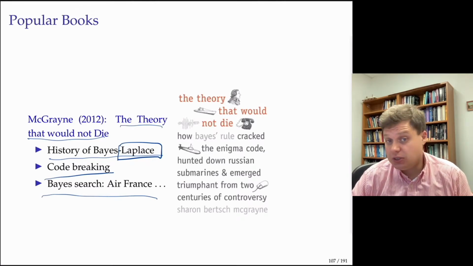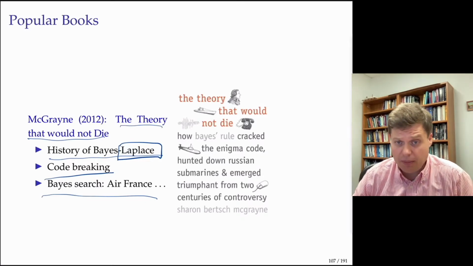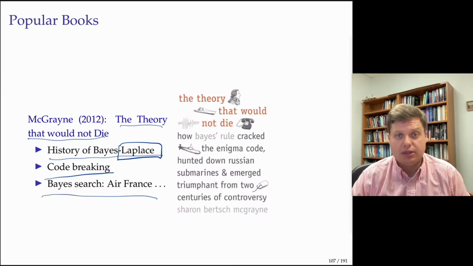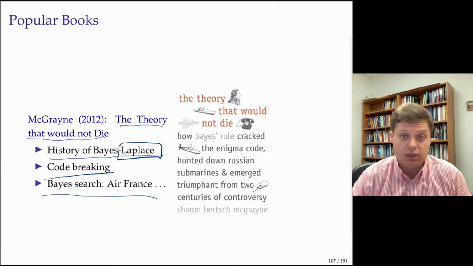Bayesian search actually was applied quite successfully by one of my colleagues, a person who works here in Northern Virginia at a company called Metron, and his name is Larry Stone. He still works there, and he is the person who popularized this approach, and he was very famous for applying it to some of those search problems.